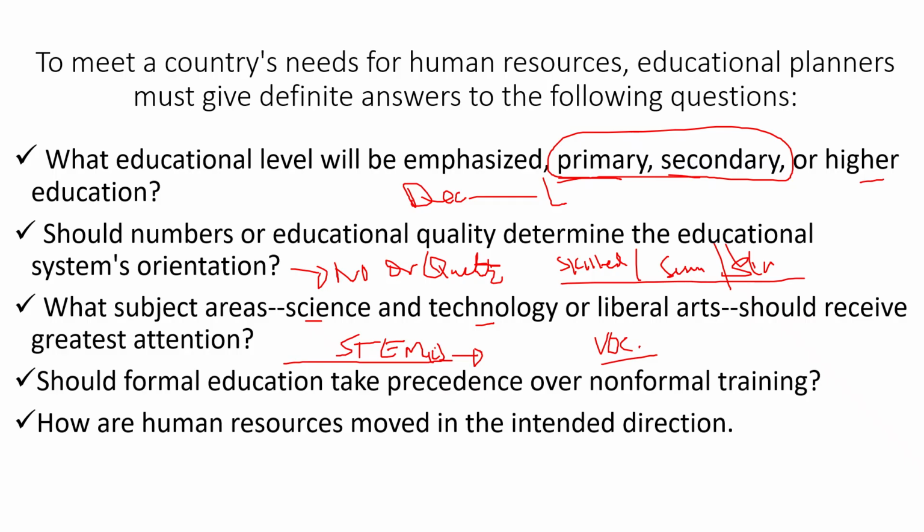Others: should formal education take precedence over informal? What should be the focus? We have formal, informal, and non-formal. These are the divisions or categories through which you have to understand education when you talk about the entire education system.